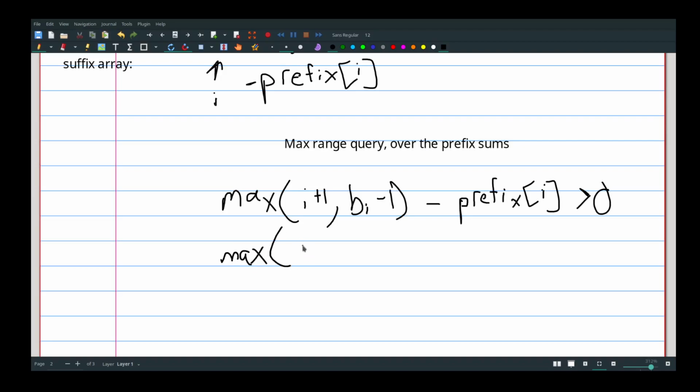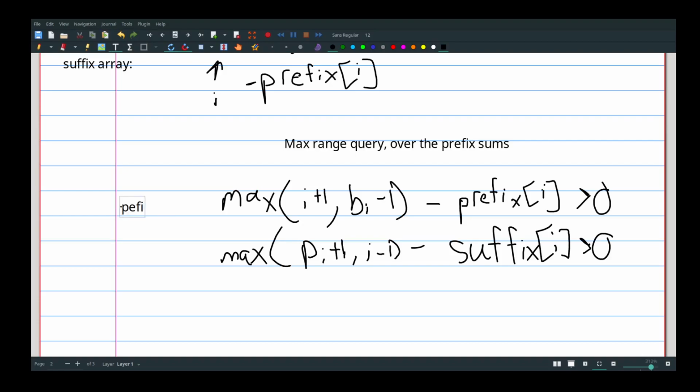It would range from p of I plus 1, which is the previous greater element index, and go up to I minus 1. And we want the suffixes to start from I plus 1. So I minus 1, my bad. So instead, we'll subtract suffix of I and verify if it's greater than 0. So this is for prefix, and this is for suffix. And if any one of them hold true, then we output no, else we output yes.